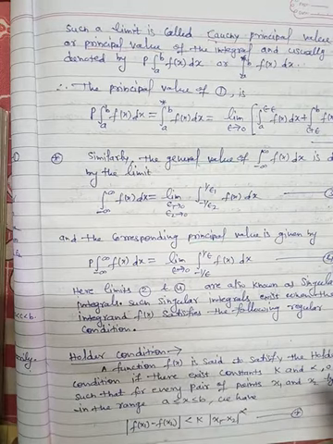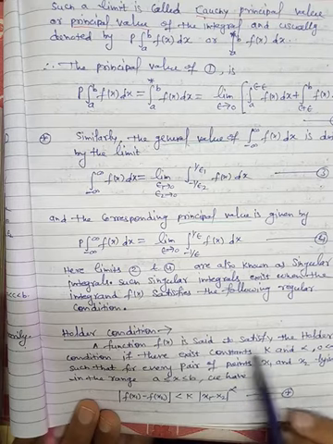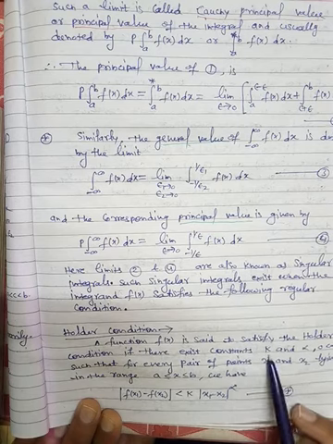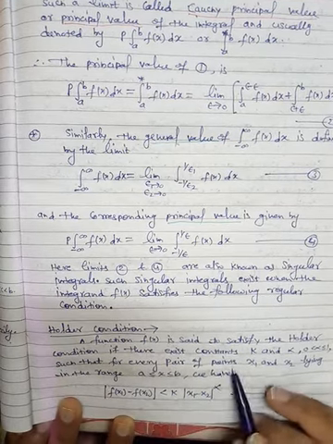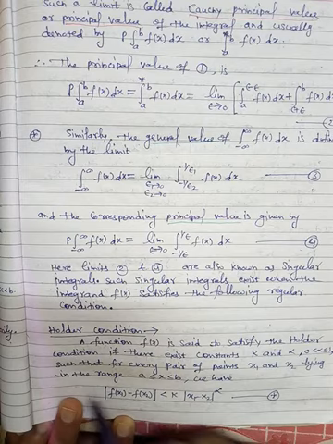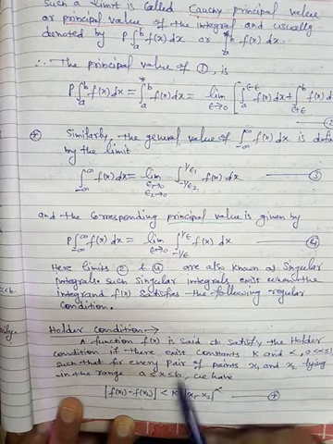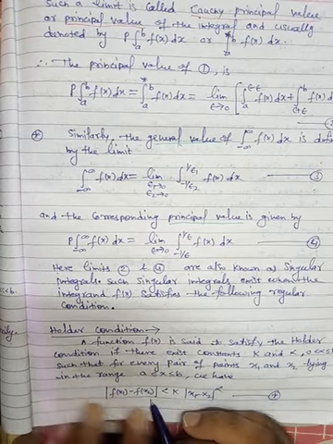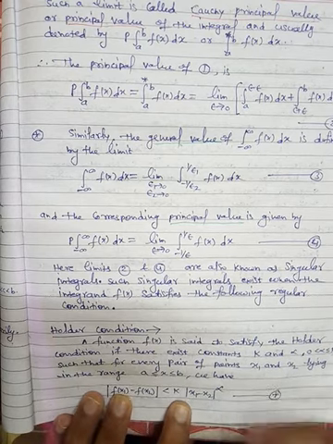So what is Holder's condition? Let's see. A function f of x is said to satisfy the Holder condition if there exist constants k and alpha, where alpha is in between 0 and 1, such that for every pair of points x1 and x2 lying in the range a to b, both variables lying in this range, we have magnitude of f of x1 minus f of x2 less than k multiplied by magnitude of x1 minus x2 raised to the power alpha.